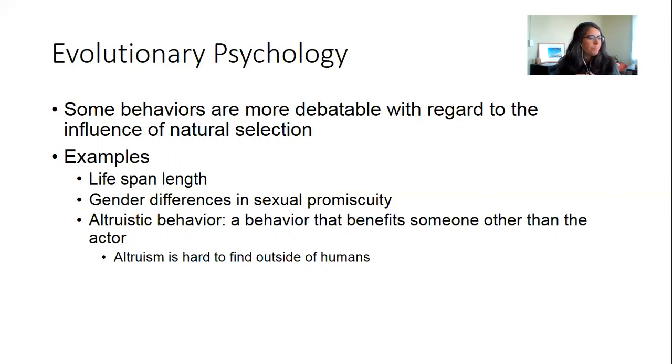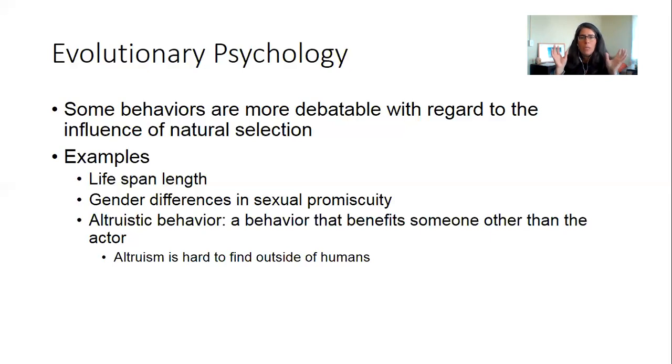So the amount of resources that is invested in an offspring between females and males is different at the level of the sex cell, right? Males, on the other hand, can produce copious amounts of sperm, and they can do so much further into their lifespan than females can. So again, it's not a costly investment at the genetic level for males in terms of reproduction.